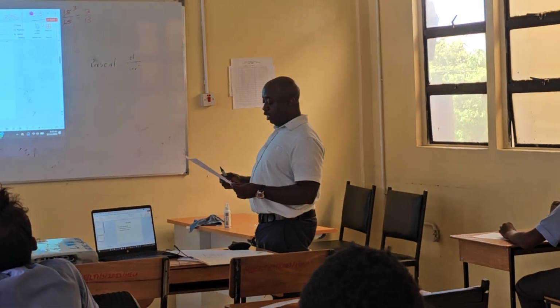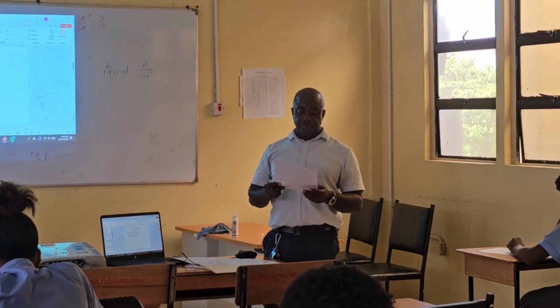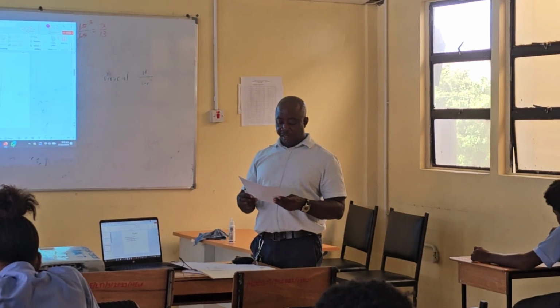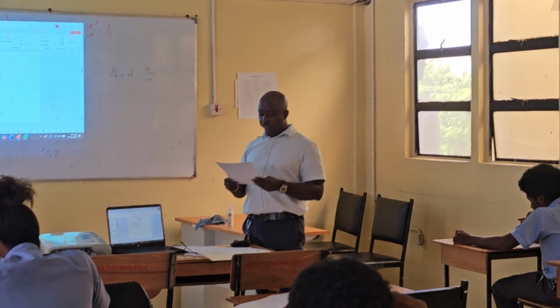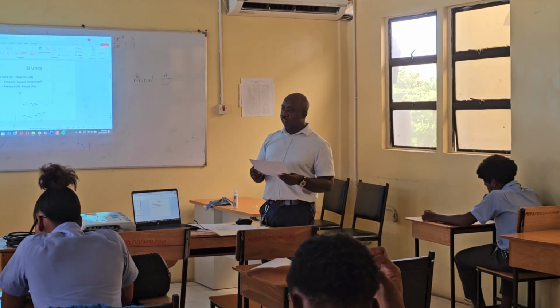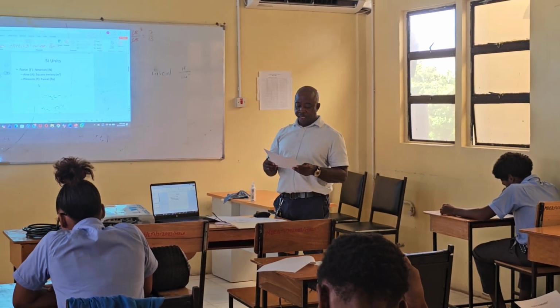If you go to the units area on top of your worksheet, you see what is said here. Force is measured in newtons, meaning a push or pull, or it could even be a pound as we explained.